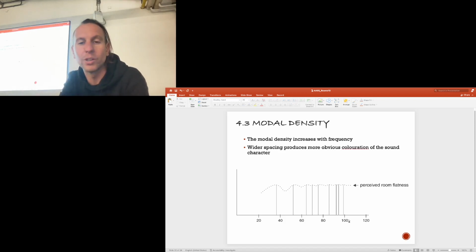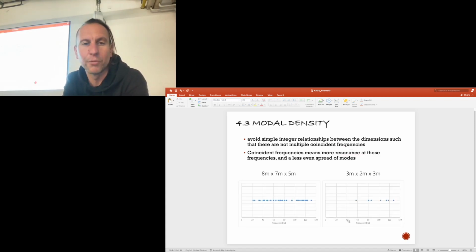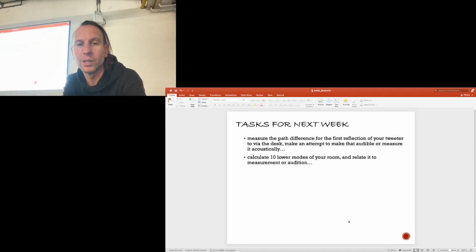So if you're into signal processing, building reverbs, that's a crucial thing, the increasing number of reflections. And then we have the modal density. So there are different ways you will see in the calculator how you can assess the quality of the room. We will talk about this more when we get to recording rooms and control rooms.